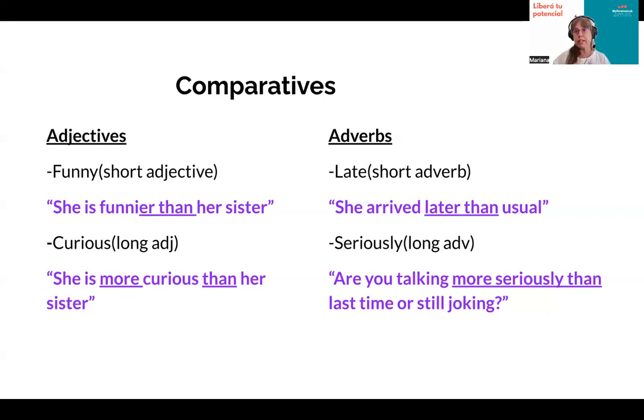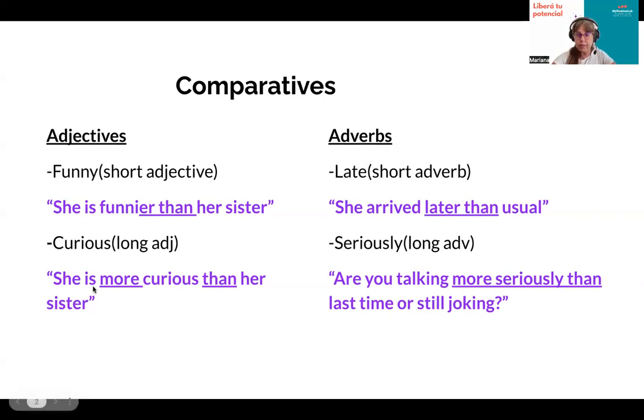So funny is short too. In this case, we add for the comparative er and than, which is here underlined. So we've got one person, she, and her sister. She is funnier than her sister. We are speaking about characteristics of the girls.